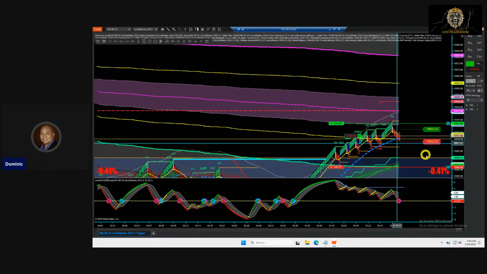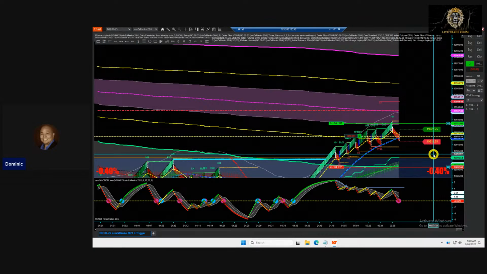I was thinking that's the mid band. $19 before I close it down.